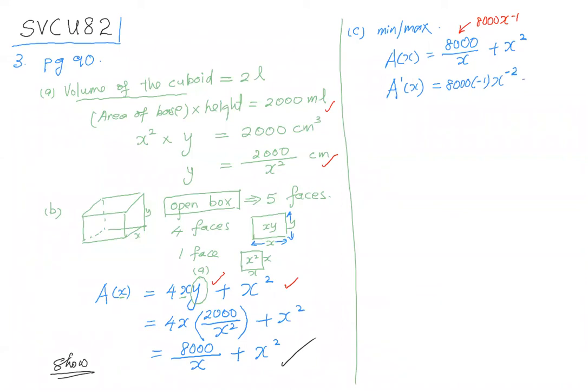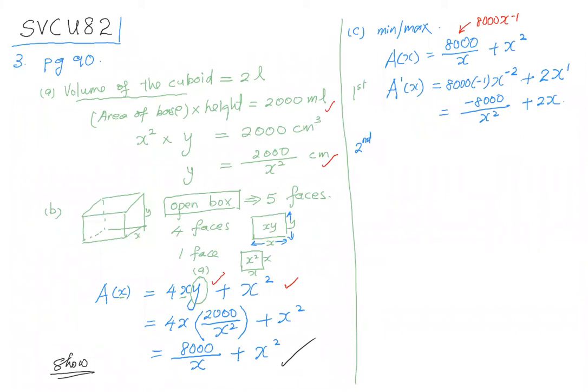Second term, bring down the power, take away 1. So I got -8,000 divided by x squared plus 2x. So this is the first step I must do. That's why I say, everyone, you have to know the steps. After I have done that, what should I do next?